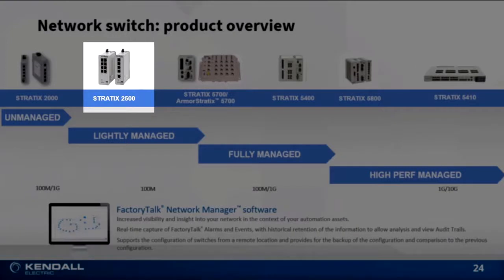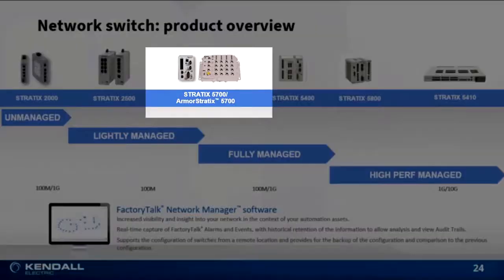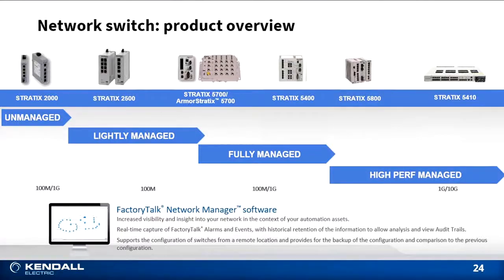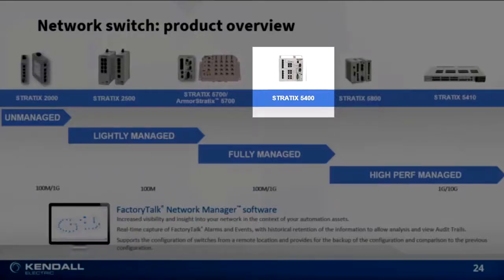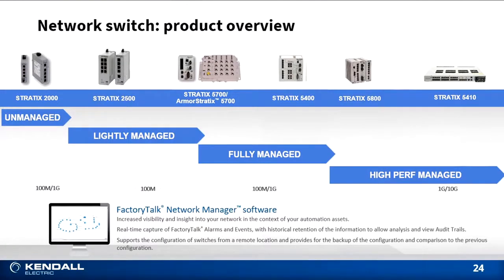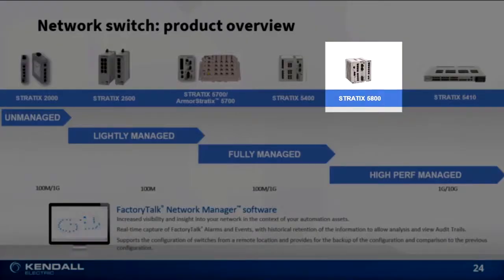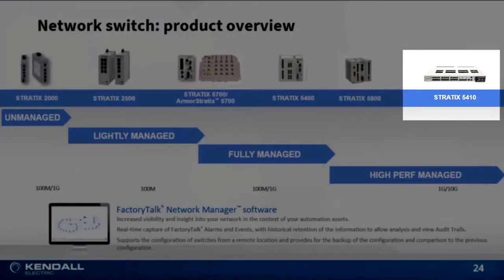The Stratix 2500, which has now been out for a couple of years, is our lightly managed switch. Our Stratix 5700 and Armor Stratix 5700 are fully managed switches, along with the Stratix 5400. One of the new lines that we've come out with in the past year is the Stratix 5800. And of course, we have the rack-based Stratix 5410.